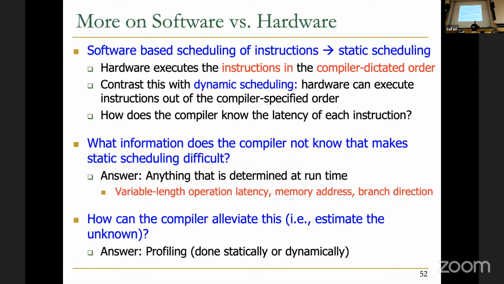At least that can increase the accuracy of the compile-time decisions, but it cannot be 100% correct. So you always need to consider that compile-time solutions are usually conservative, because they cannot be 100% sure about the accuracy of the decision.